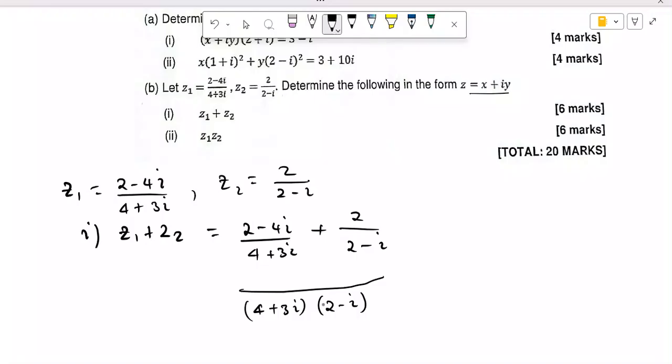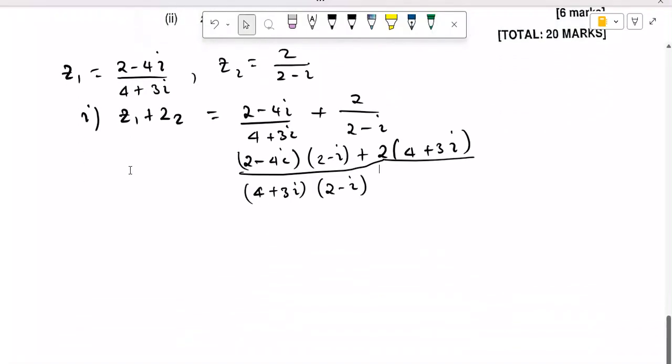So this into this, you just remain with this, so it's this multiplied by what is on top. On the numerator you have (2 minus 4i) multiplied by this (2 minus i). Then there is plus this into this and this will cancel, remain with this one. So you have 2, then you have (4 plus 3i).